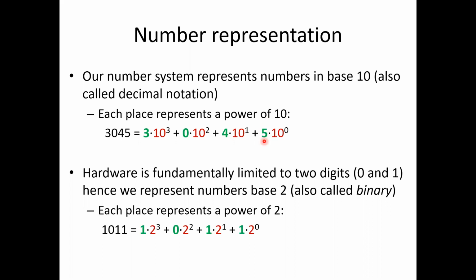So if you're working in base B, the digits are from 0 to B minus 1. That's why the highest digit is 9, not 10. In binary, the highest digit is 1, and there are only 2 digits, 0 and 1.